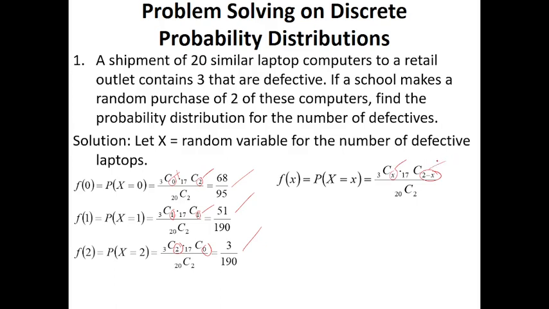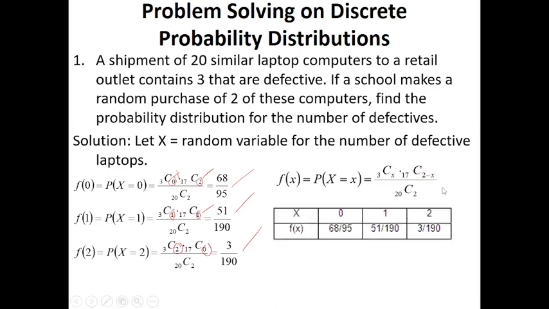If we have 2 defective laptop computers, that is 3C2 multiplied by 17C(2 minus 2), so that is 17C0, over 20C2. And that is equal to 3 over 190. Okay, so this is the general formula. We now proceed.